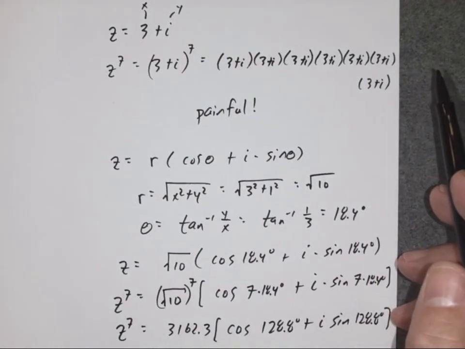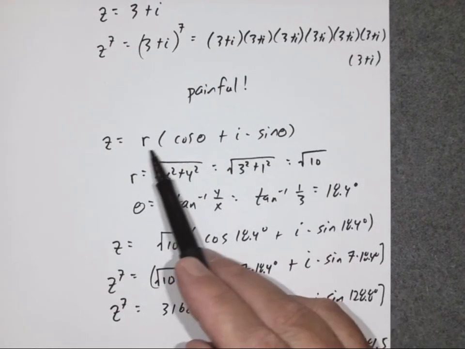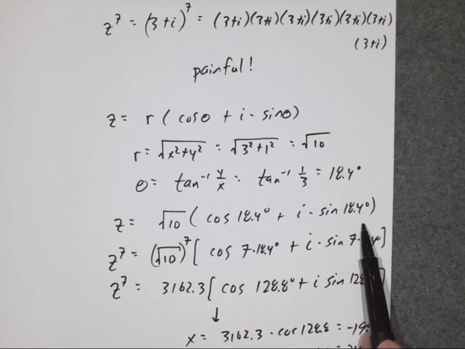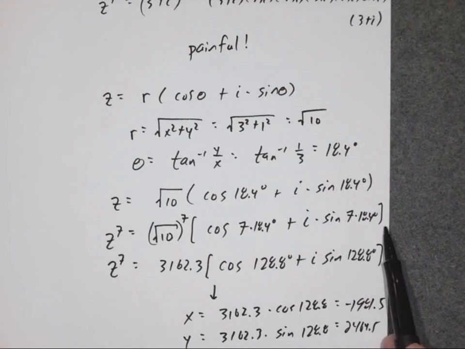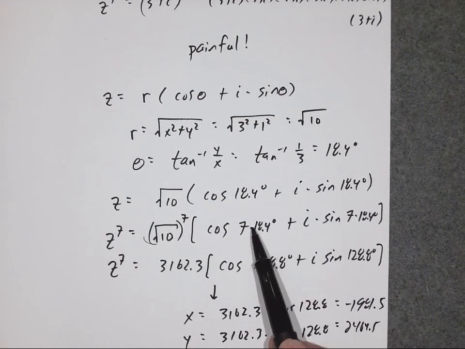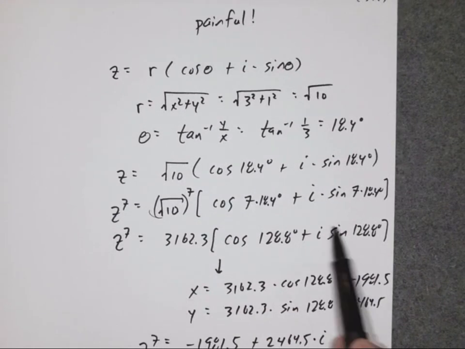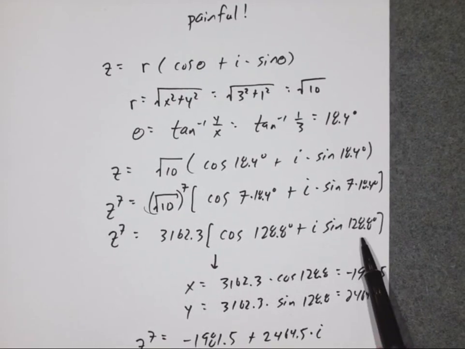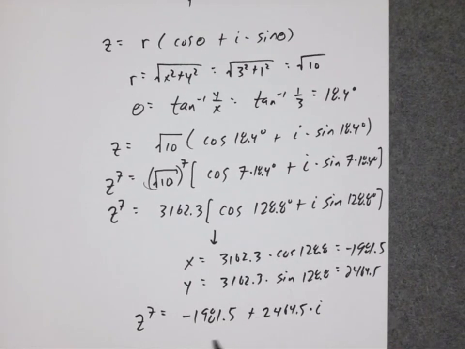The De Moivre formula says, okay, take your original complex number and write it in polar coordinate form. So in our example, here's the polar coordinate form. And then when you apply De Moivre's theorem, it's not too hard. You just take your r and raise it to the power, and you get your answer in polar coordinate form. Then we know how to switch it back to rectangular, and there it is.